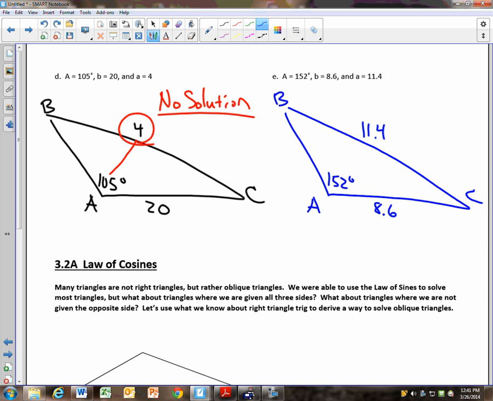Is that reasonable? Yeah. So go ahead and solve for it. You'll be good to go.